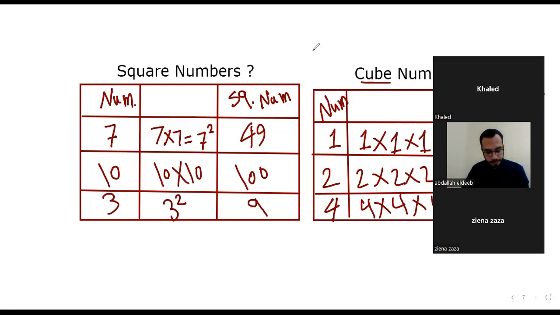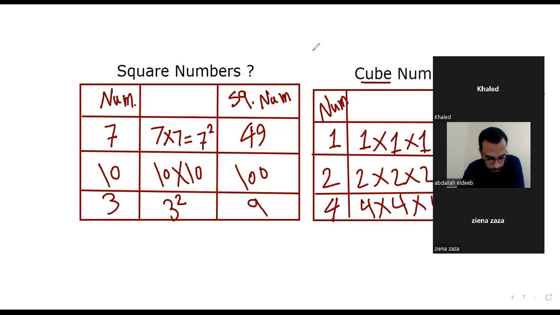Yes, Zena? Like 1 and 2 and 4 are cube numbers. Tell me an example of a cube number. 4 times 4 times 4 is a cube number. Yes, you multiply it by itself 3 times. But give me a different example.